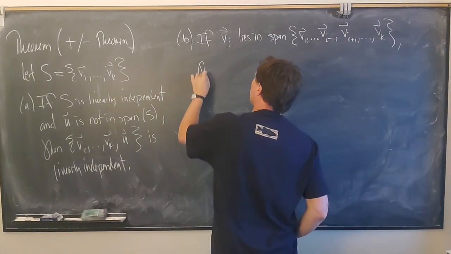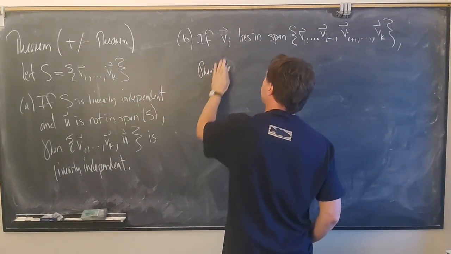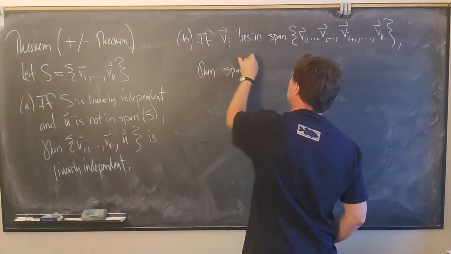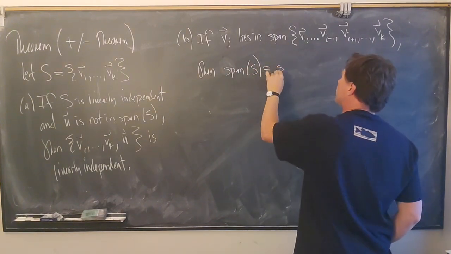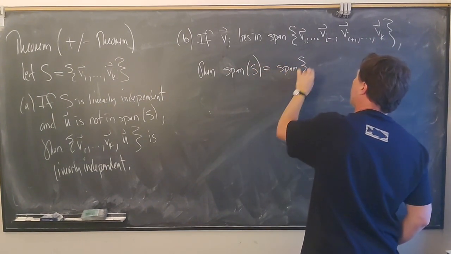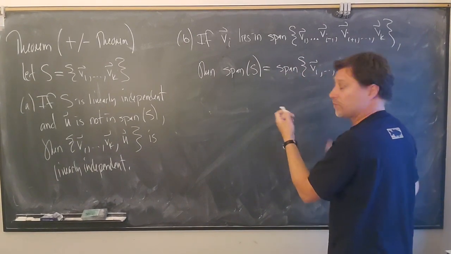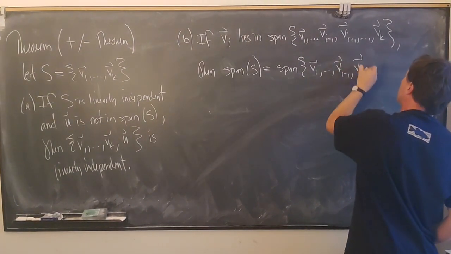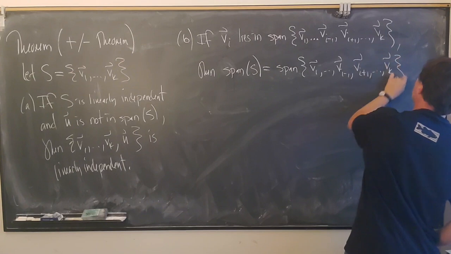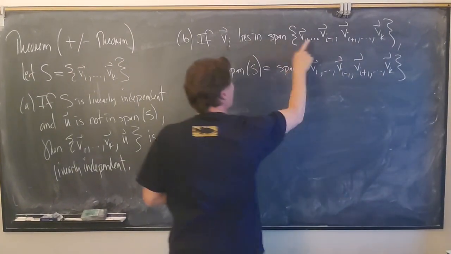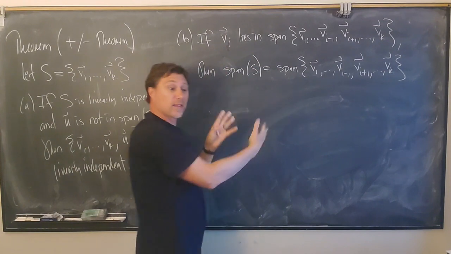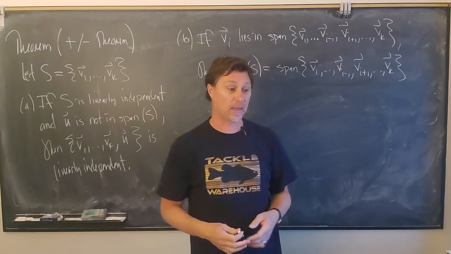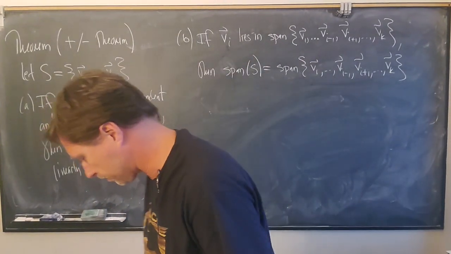So then the span of S is equal to the span of V1, all the vectors except for V sub I. So if you have a vector that lies in the span, then you can delete it and it won't affect the span. The set consisting of all the vectors except for V sub I still gives you the same span.